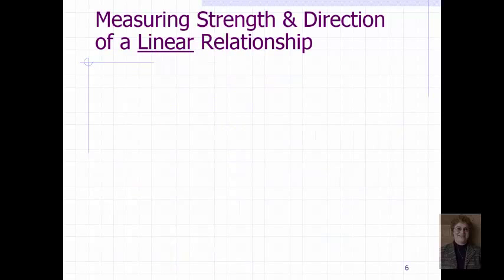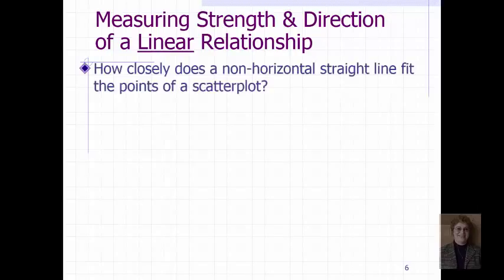As you know, in statistics we need to use numbers, and we are going to measure the strength and the direction of linear relationships using numbers. So what we do is we look at how closely a non-horizontal straight line fits the points of the scatter plot. If it's a horizontal straight line, then that tells us there's no linear relationship.